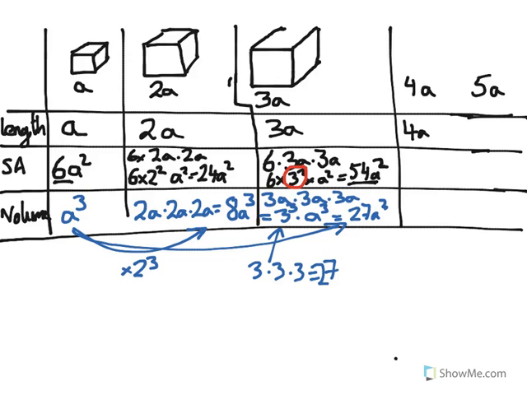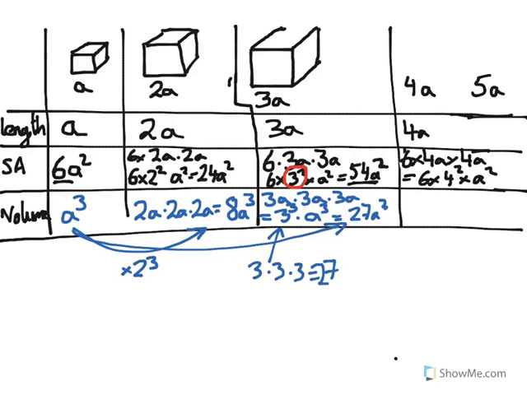The surface area will be 6 lots. We've got 6 faces to our cube, and we're multiplying one length, 4A, by the other length, 4A. So we're going to get 6 lots of 4 fours, which is 4 squared, times A squared.